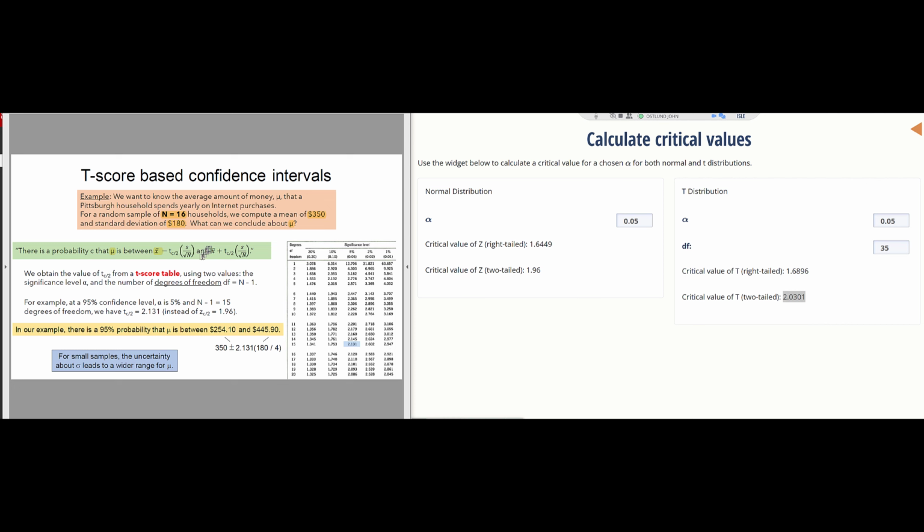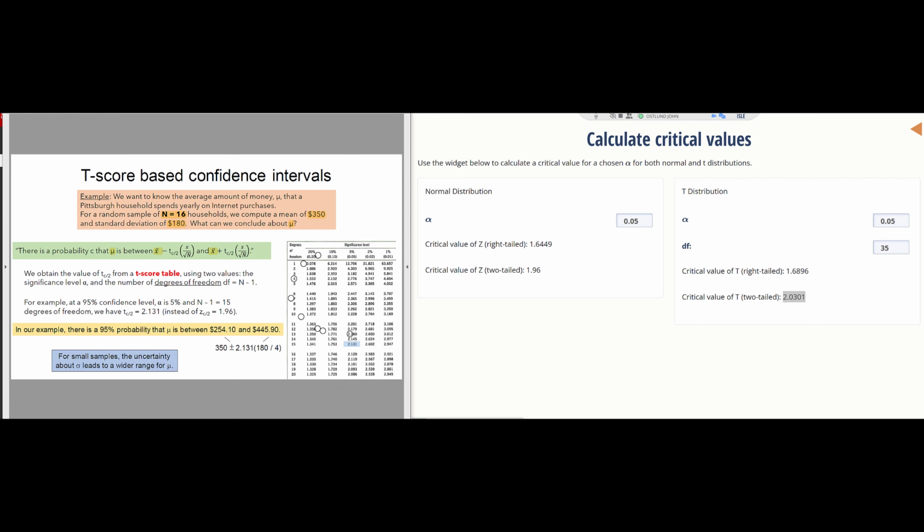the sample mean minus or plus the t-score corresponding to our sample, times the sample standard deviation divided by the square root of n. We're reading the t-score off the page here as 2.13.